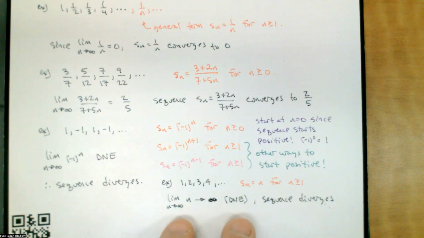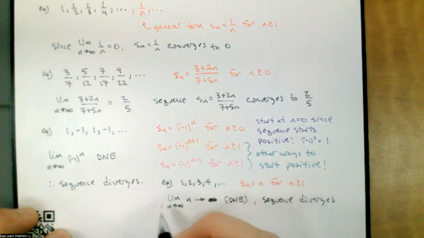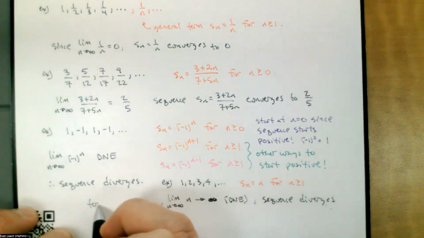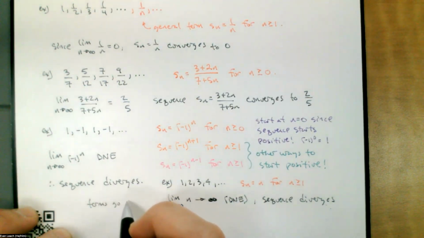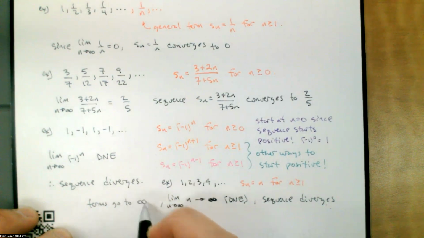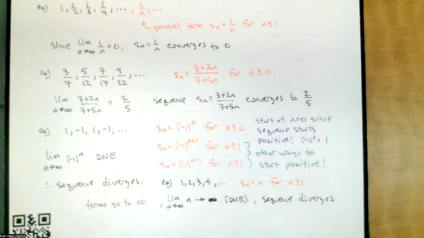So what we're saying here is that the terms go to infinity. The limit does not exist. The sequence diverges.